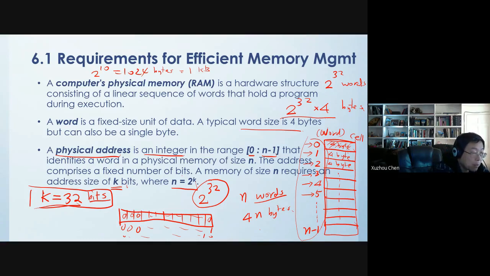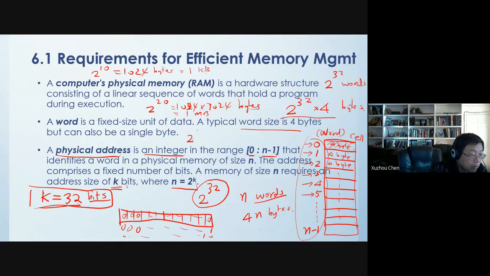Now, every 1024 kilobytes is 1 megabyte. So that means 2 to the 20, which is 1024 times 1024 bytes, is 1 megabyte.